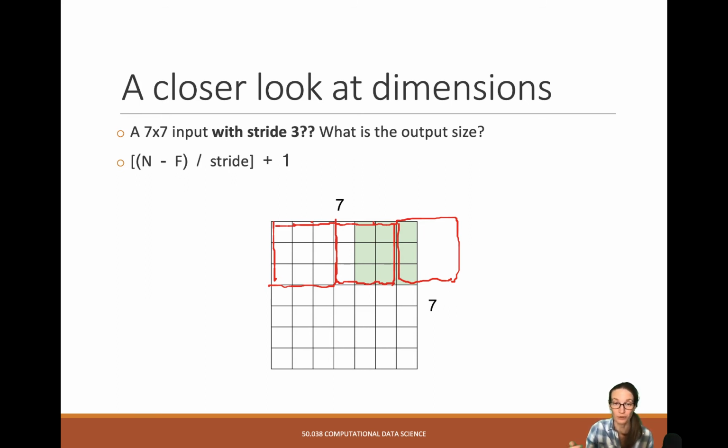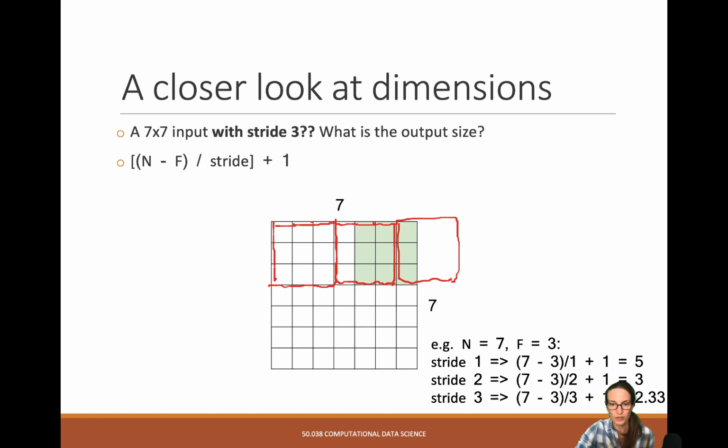That'll give you the resulting output dimensions. Just to show you this formula, if we have stride 1, 7 minus 3 divided by 1 plus 1 equals a 5 by 5 output. With stride 2, a 3 by 3 output, and with stride 3 we don't have an integer number, which causes trouble.